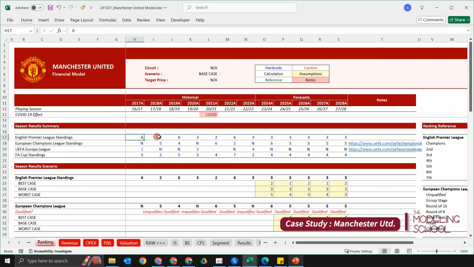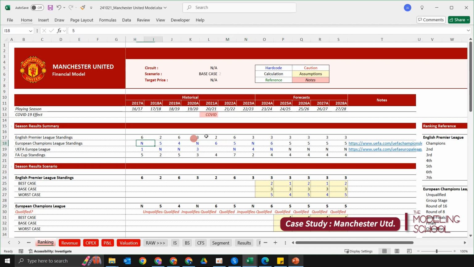They were sixth, second, sixth, third, second, sixth, third. And on the years, they were sixth or second. Up until fourth place, they have the rights to play in the European Champions League, so they have numbers on those relevant years.